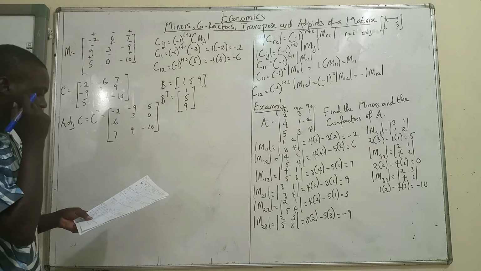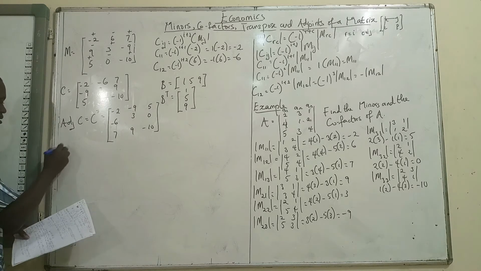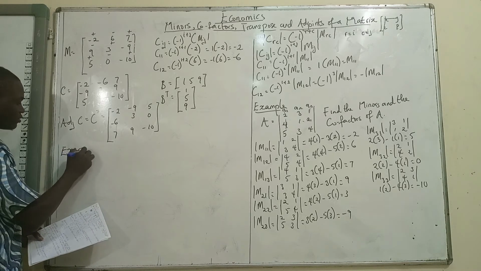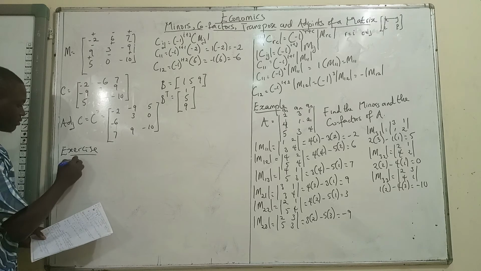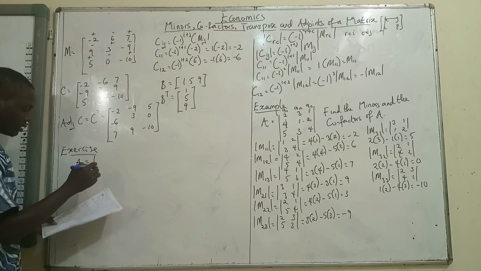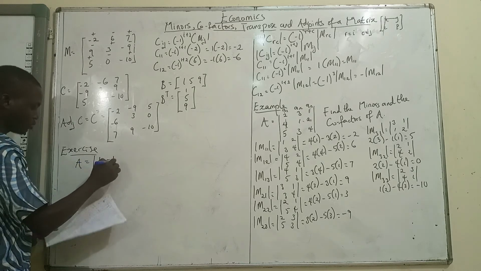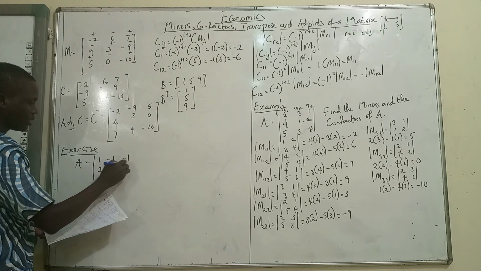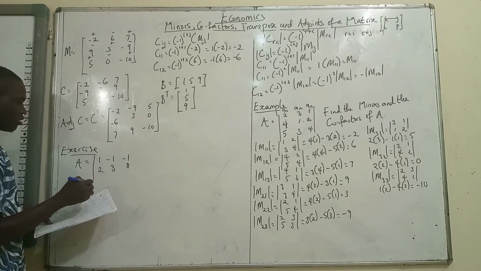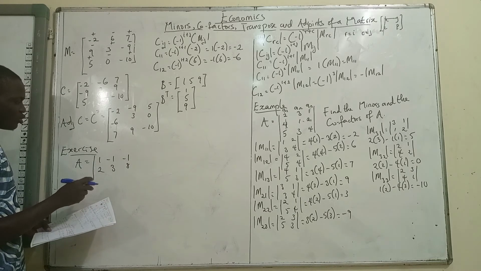Now I'm going to give you an exercise. The exercise states that you should find the adjoint given matrix A as this: 1, minus 1, minus 1, 2, 3, 8. Should I make it this simple?